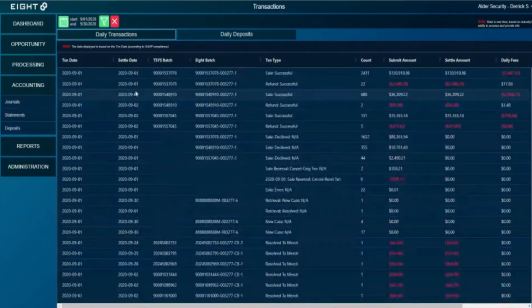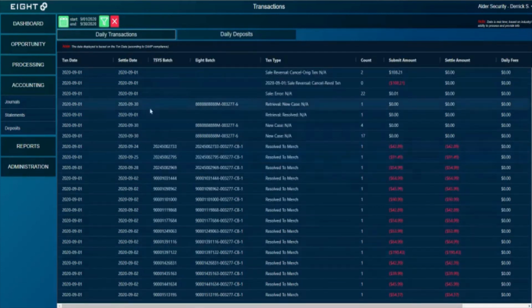Each of the transactions were done, so you'll notice these transactions settled on different dates, and they're also in different batches. So I have sales up here in one batch, the refunds in that same batch. I have stuff that settled on a different date, and then other things, the business cards that went on a 24-hour hold. So I have 3 different batches just for that day before I even get into the chargebacks.